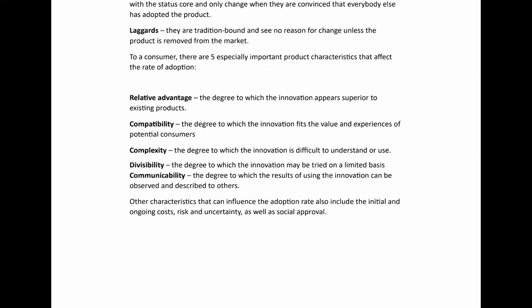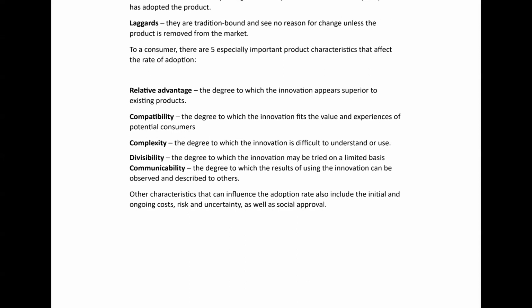This is the degree to which the innovation appears superior to existing products. Is this thing really superior? Is it better than what is existing? So when you are setting the product, let it come out very powerful. Let it be superior in its own nature. That will determine how fast the people adopt it in the market.